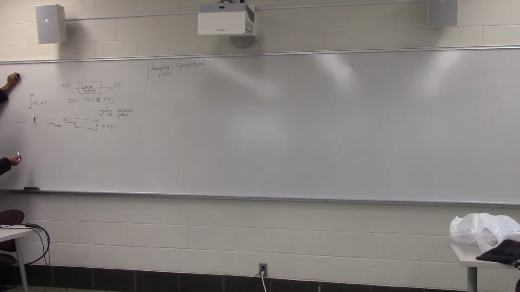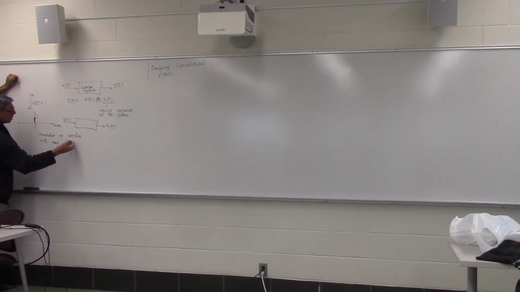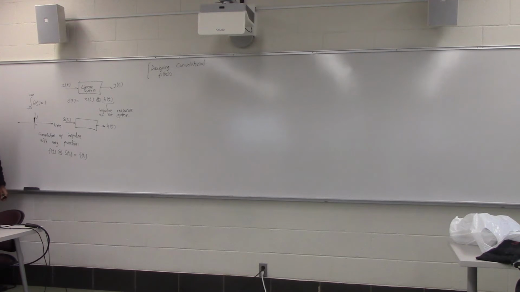The other property of the impulse is that if we do a convolution of the impulse with any function, for example f of t convolved with delta of t, we get f of t back. It doesn't do anything.